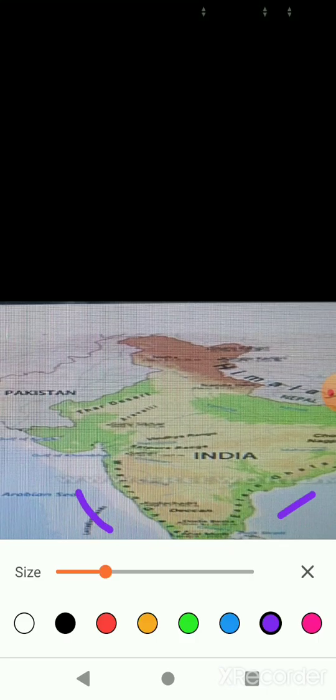Blue color shows the water bodies. And green color shows the plains. I hope all the colors on the map are clear to you, children.